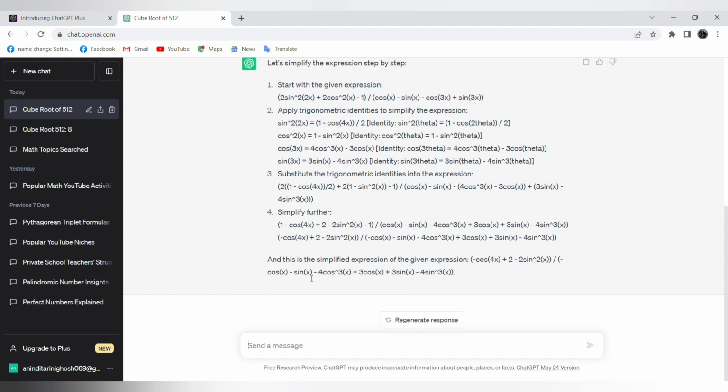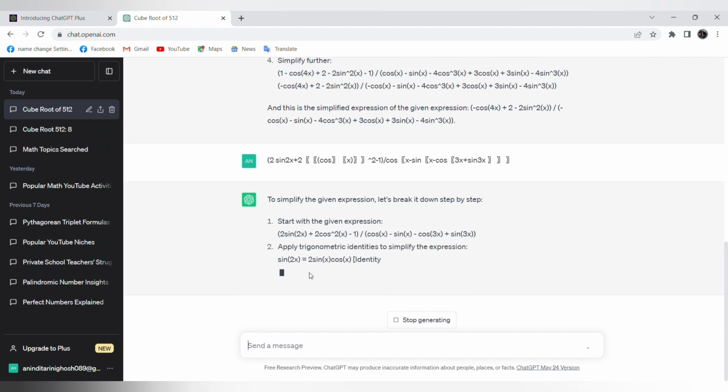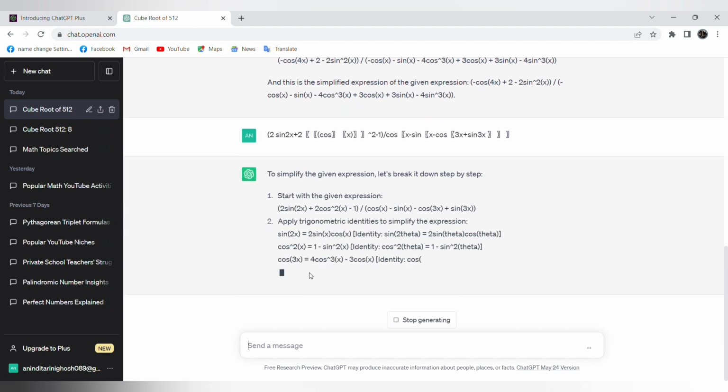Here maybe the typing is not coming properly, so it is not the correct answer. Let me try once again. So I am pasting it again. Let me see whether now they give the correct answer or not.